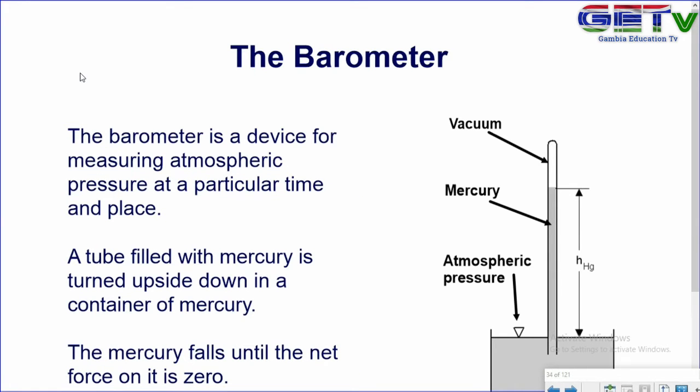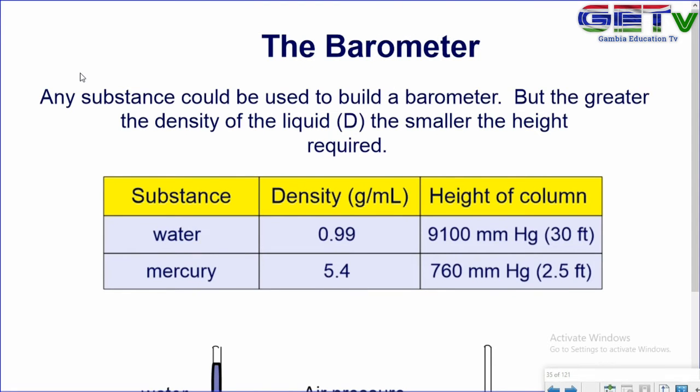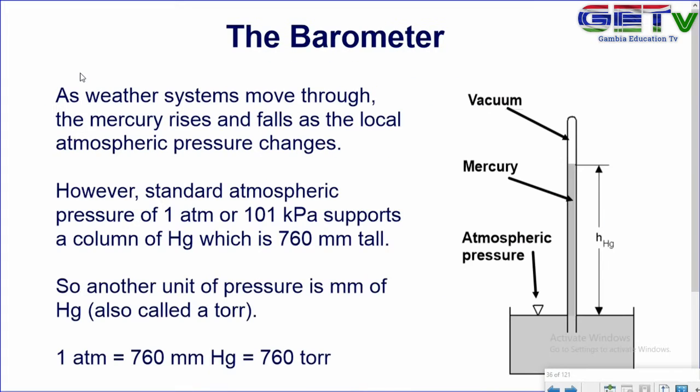The barometer is a device for measuring atmospheric pressure at a particular time and place. As weather systems move through, the mercury rises and then falls as the local atmospheric pressure changes. However, standard atmospheric pressure of 1 atmosphere or 101 kilopascal supports a column of mercury which is 760 millimeter tall.